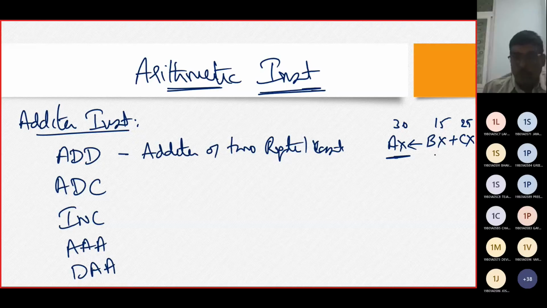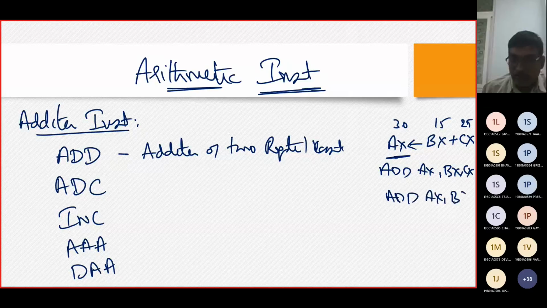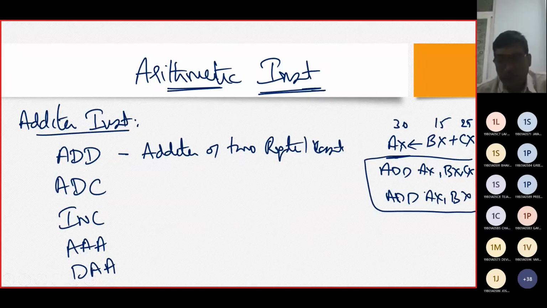To do that operation, we say ADD AX, BX, CX, or I can say ADD AX, BX. In this way, we have the instruction capacities based on instruction formats: 2 instruction format, 3 instruction format, 2-byte, 3-byte, 4-byte instruction format with the displacement, etc. That we will be discussing again.